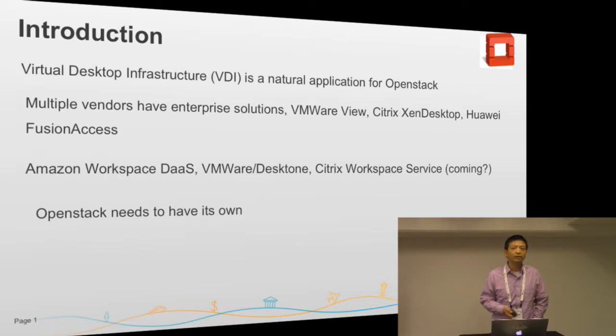You can order them for like $50 a month. You can have a desktop, so you can access anywhere you want. And VMware just bought Desktone. Citrix supposedly is working on something called the workspace service. OpenStack right now does not really have a VDI solution, so we need to have one, I think.